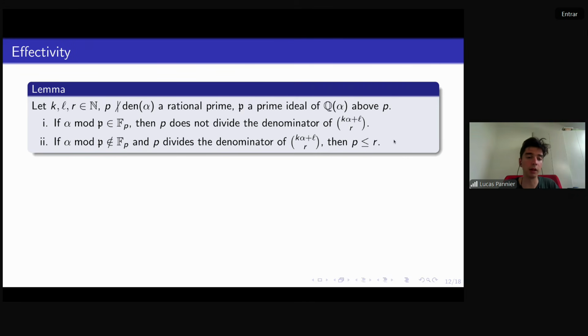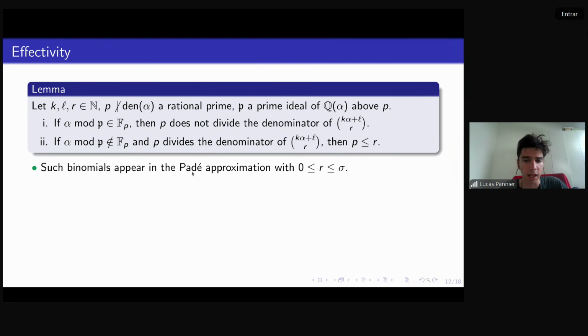So if we assume that alpha mod P is in F_p for almost all primes, this binomial coefficient will have only finitely many primes in the denominator, whatever parameters we choose. And why is it a key lemma?